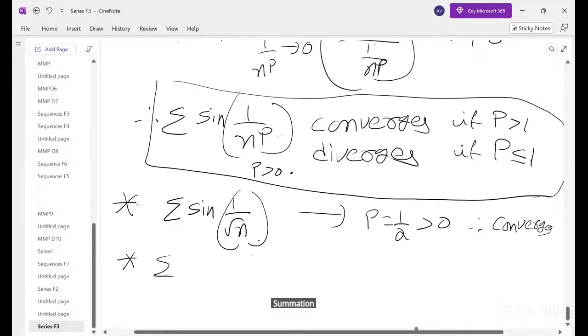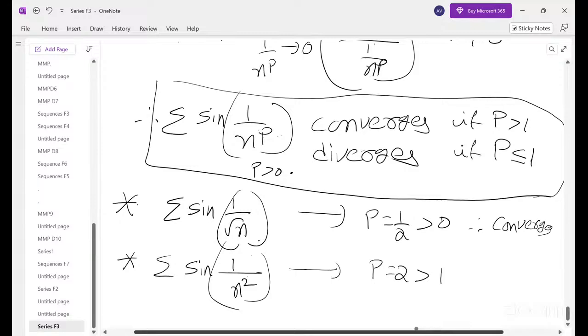Summation sin(1/n^2). Sorry, here something is wrong. p is 1 by 2, less than 1. Less than 1 means, it is positive, correct?